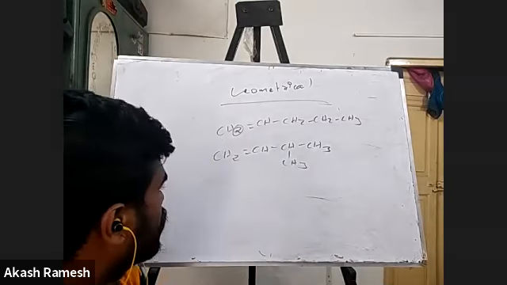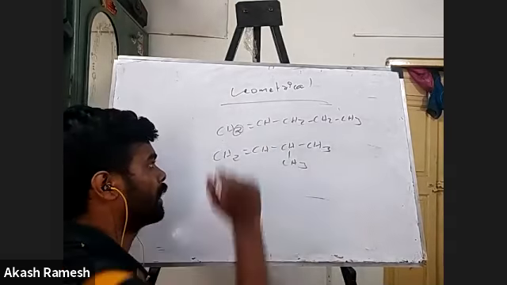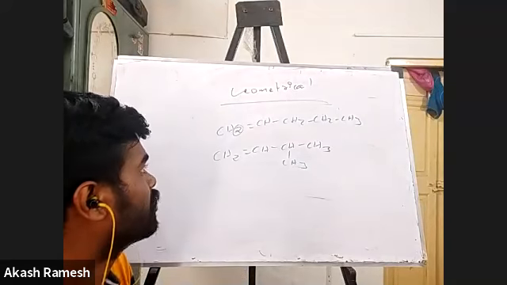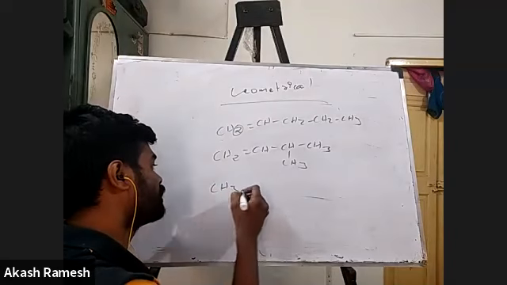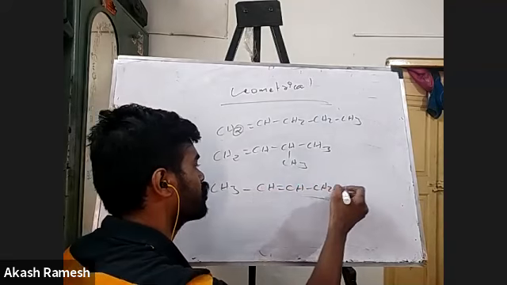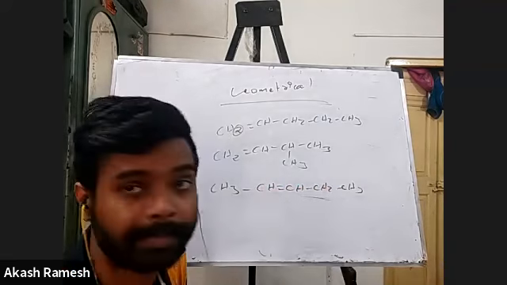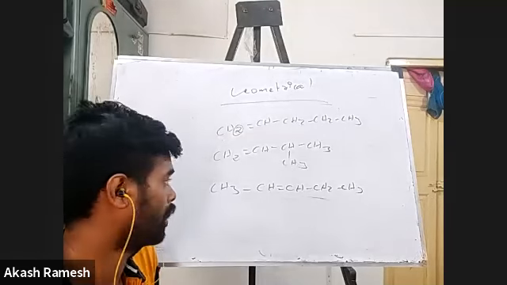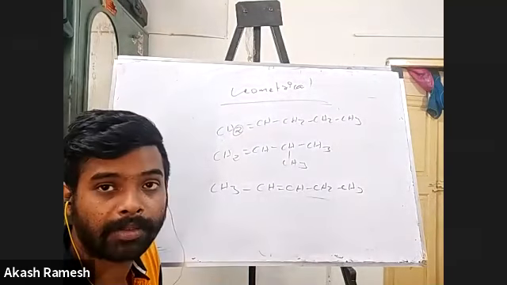Okay. So next, I'll just shift the double bond to the next position, that is between 2 and 3. So I have CH3, CH, double bond, CH, CH2, CH3. Now, can this show geometrical isomerism? Yes, sir. How?